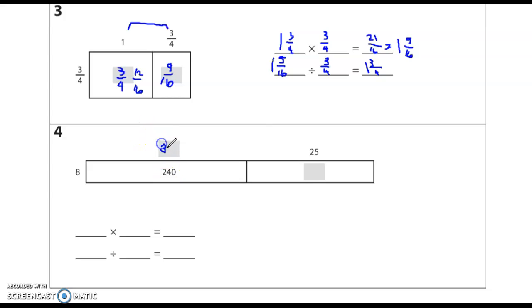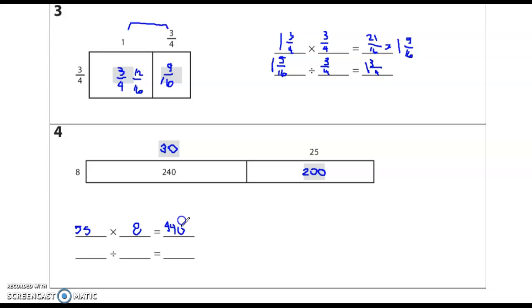Number 4, this black box up here, I know that 8 times 3 is 24, so 8 times 30 is going to be 240. And then 8 times 25 is going to be 200. Down here for our multiplication, we're going to put 30 and 25 together, so that's going to be 55 times 8 equals, and you're going to add these two up together, 440.